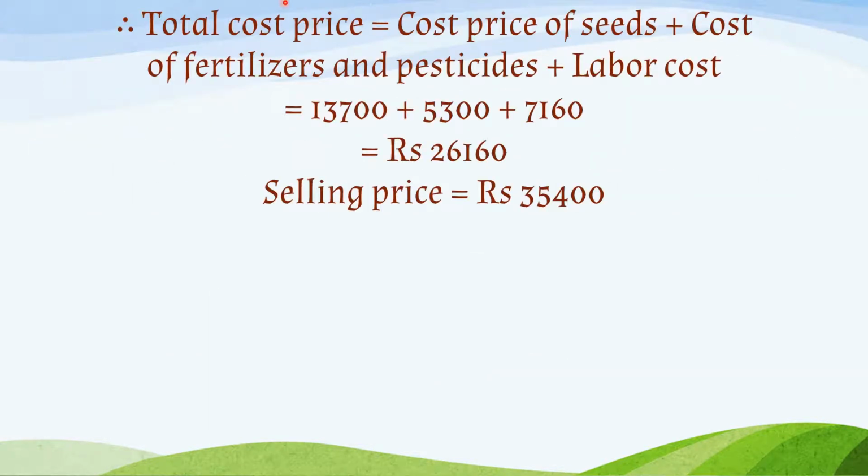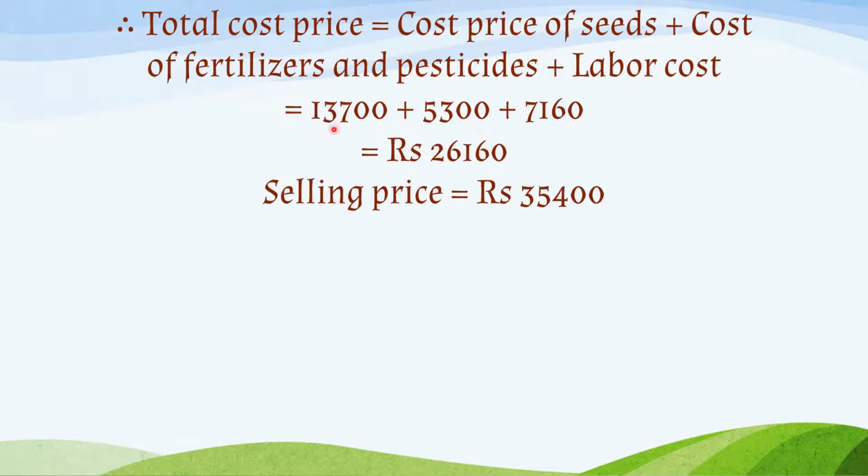So the total cost price is equal to cost price of seeds plus cost price of fertilizer and pesticides plus labor cost. So altogether we will add this.